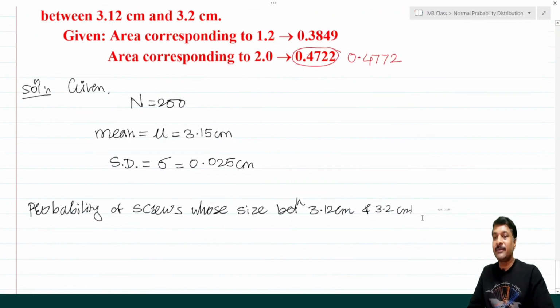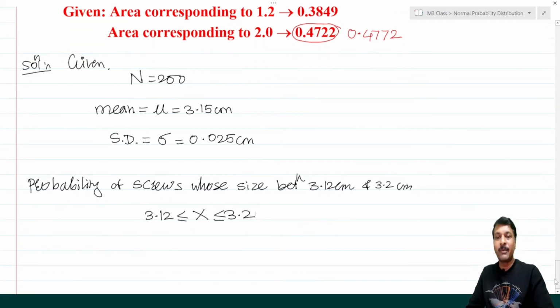Means here given value of x is what? 3.12 is less than or equal to x is less than or equal to 3.2. So that probability we want to find.